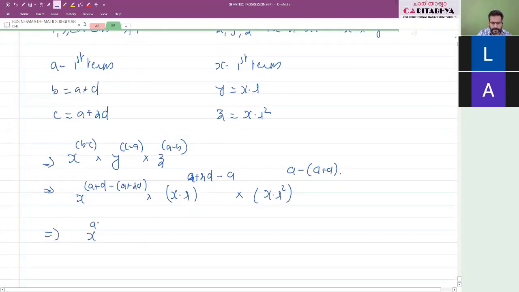So x raised to a plus d minus a minus 2d into x r raised to 2d into x r square raised to minus d.